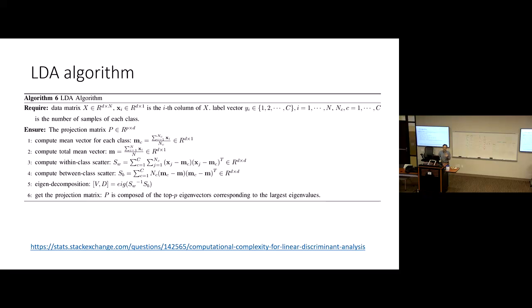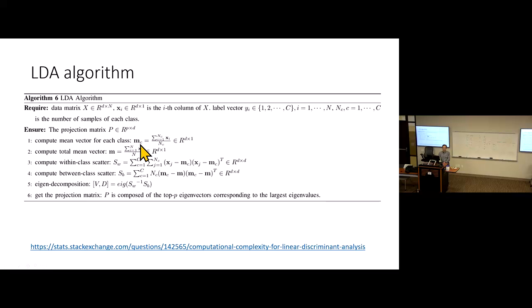Algorithm description for the LDA algorithm. The input is your data matrix, and also the labels. The label is a vector y, which gives you the member ID for each of your input samples. Here we first compute the mean vector for each class.